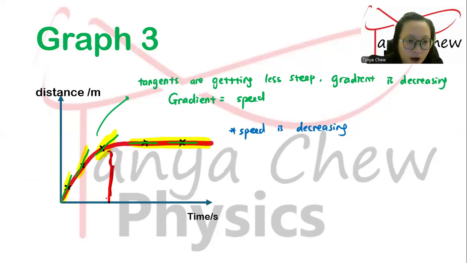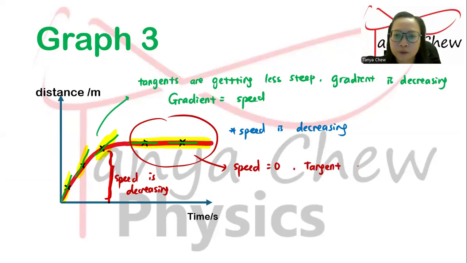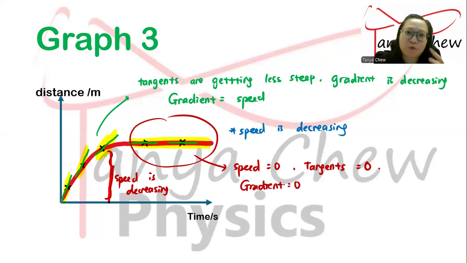This part of the graph, the speed of the object, speed is decreasing. But at the second part of the graph, which is only this part, the speed is equal to 0, or the object stops moving. Why? Because the tangent is equal to 0. That also means that the gradient is equal to 0. That is how you're supposed to explain.